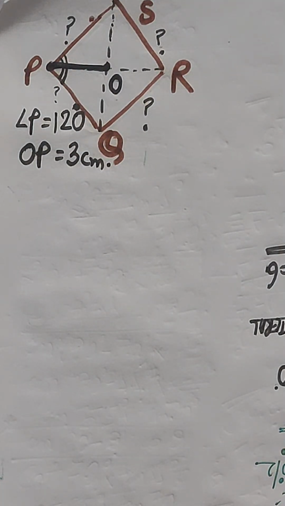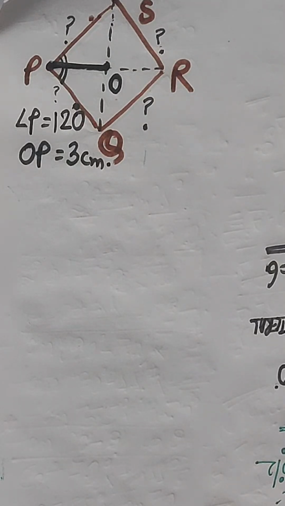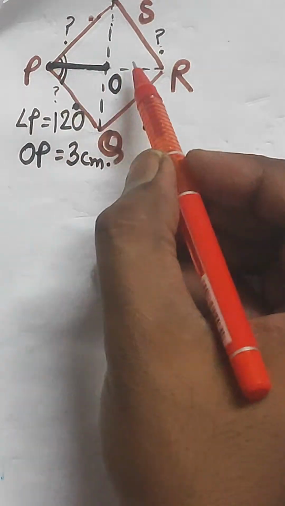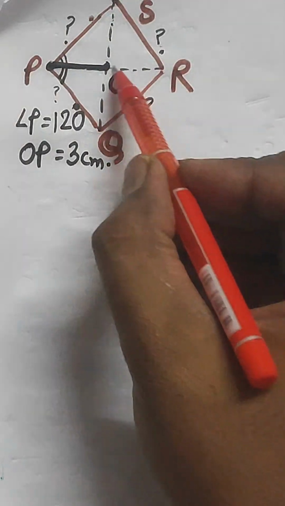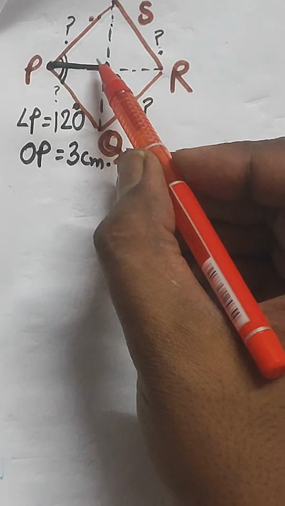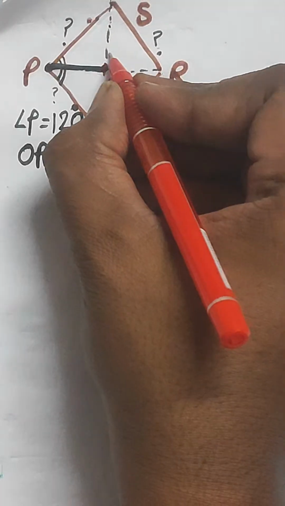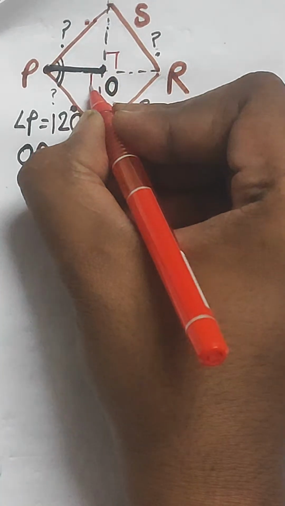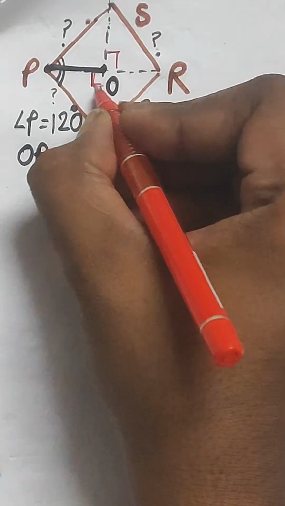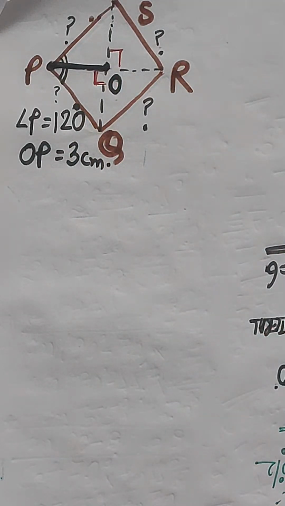Now, to solve this question, we just remember the properties of a rhombus. The two properties which should be readily remembered are that the diagonals of a rhombus bisect each other, and that the intersection is at 90 degrees. So all four angles where the diagonals intersect will be 90 degrees.